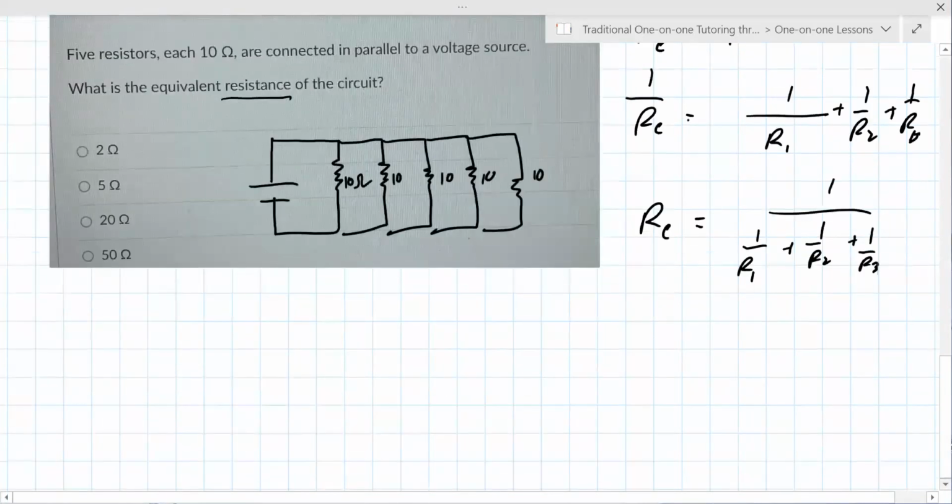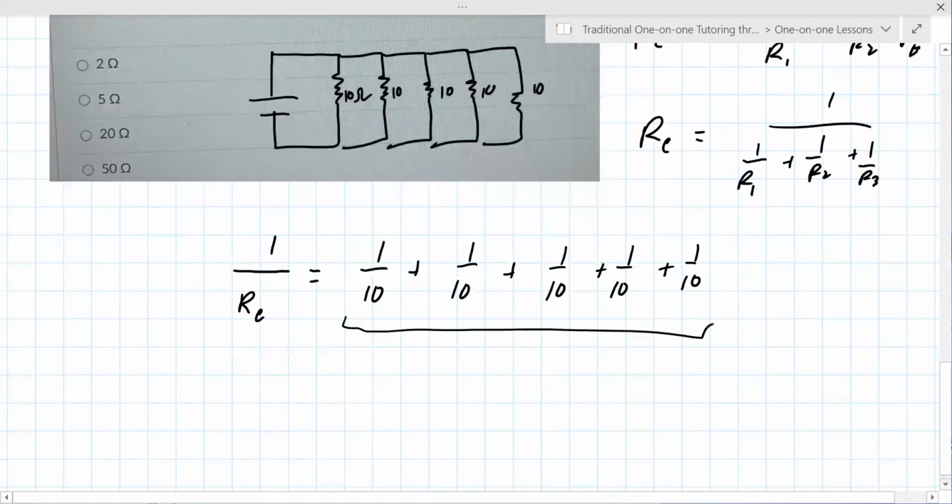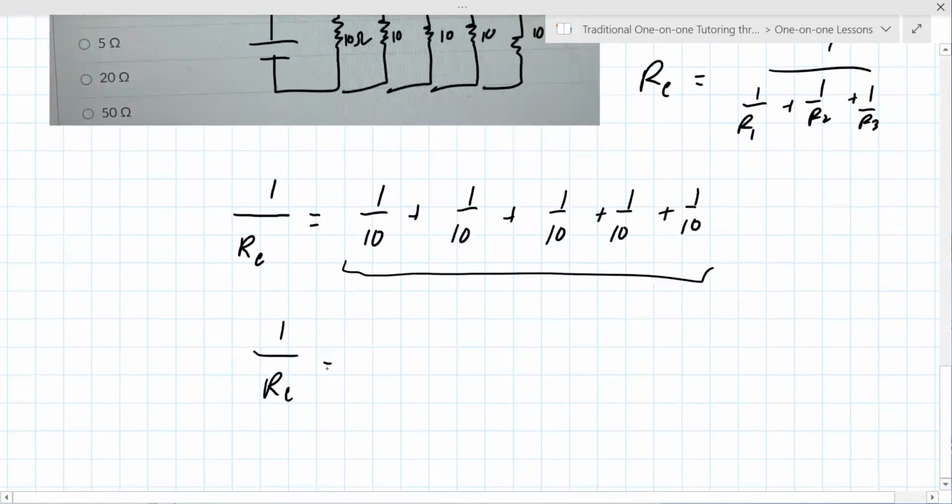You have to do 1 over R equivalent, or R total, is 1 over 10 plus 1 over 10 plus 1 over 10 plus 1 over 10 plus 1 over 10. And so if you add all these up, you get 1/2.